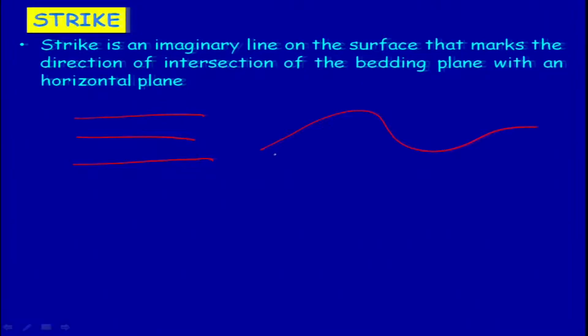When the beds are inclined, with respect to this line here, the plane joining here will be this one. This is an imaginary plane which you draw as a horizontal plane. That will give you the strike of the inclined beds.